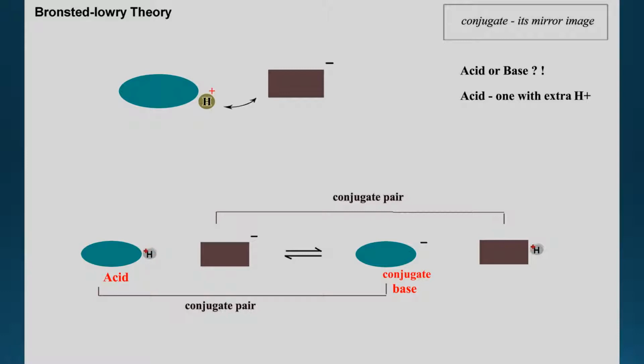The other will be your mirror base. And the other pair? As this one has one H more, the other must be the mirror base. That's the way you identify an equation with a double arrow, especially for weak acids. Please learn this rule.